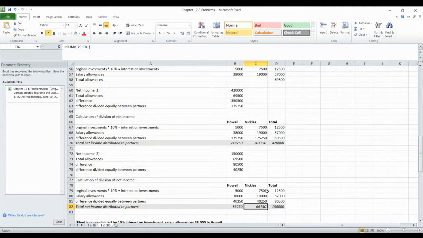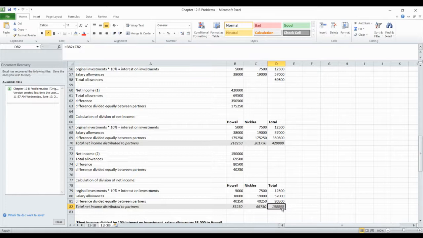For Nichols, the interest investment was $7,500 plus $19,000 for the salary allowance, and the difference of $40,250 gave him a total share of the net income of $66,750. And again, the two of these together should come back up to $150,000 for checking your work.